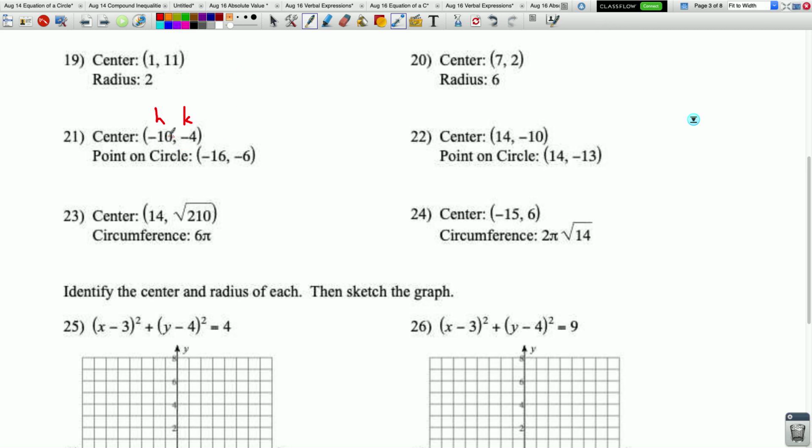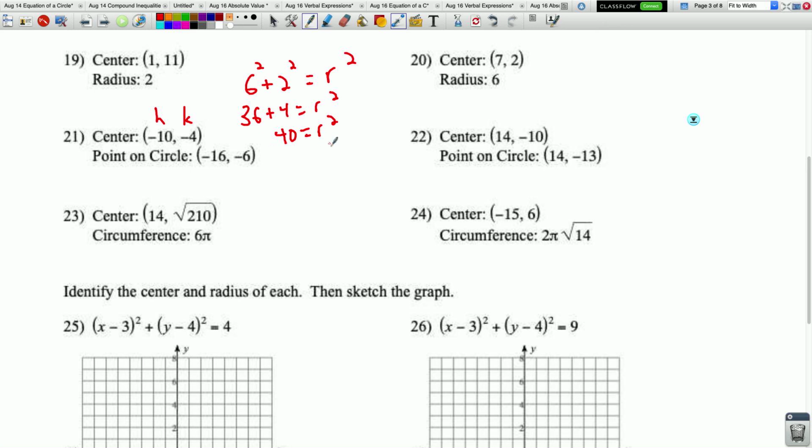So I'll notice that the distance in x values is 6. The distance of y values is 2. So 6 squared plus 2 squared equals the radius squared. 36 plus 4 equals r squared. 40 equals r squared. I don't ever actually have to find the radius.